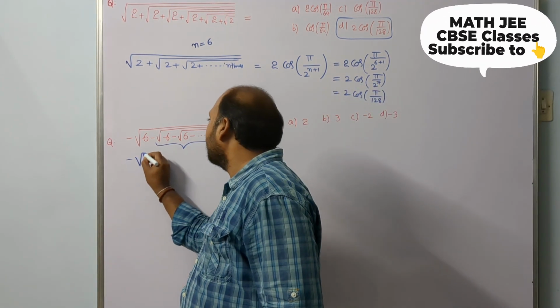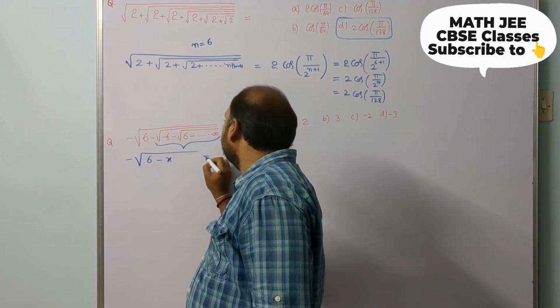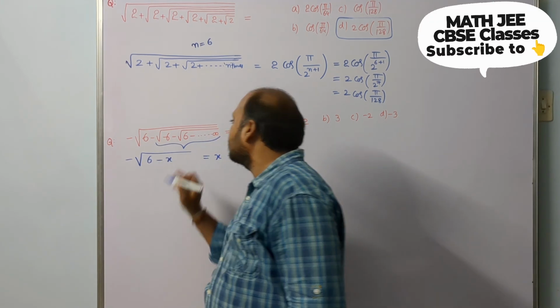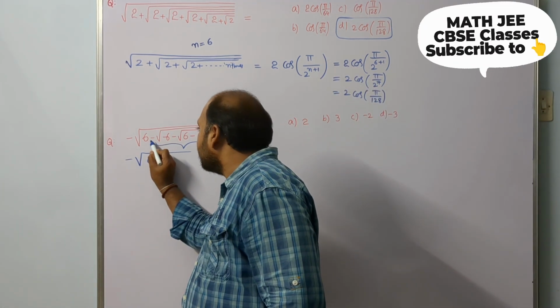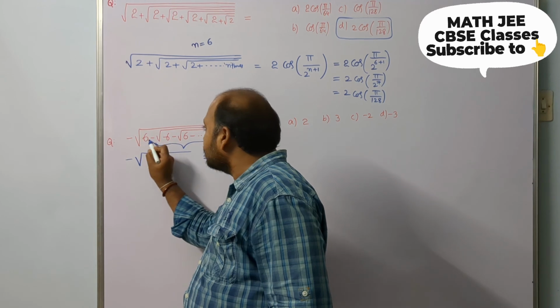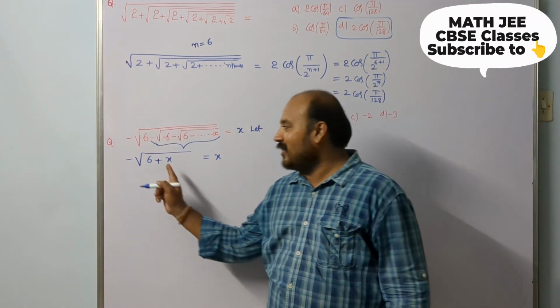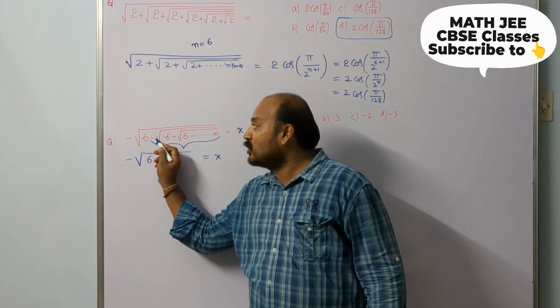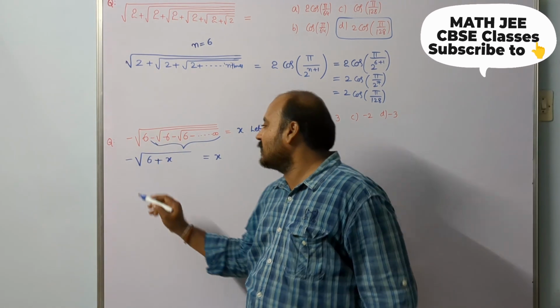So minus root of 6 minus x is equal to x. Okay, dear students, including the minus, I am taking x including minus, so this will become plus x. This is very very important. Including the minus root 6 I am taking, so that value I am taking as plus.